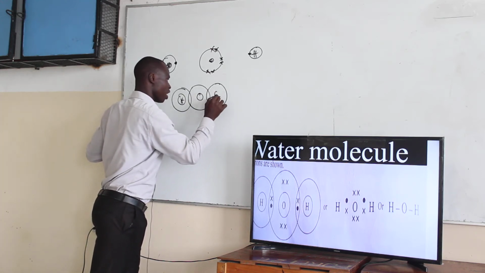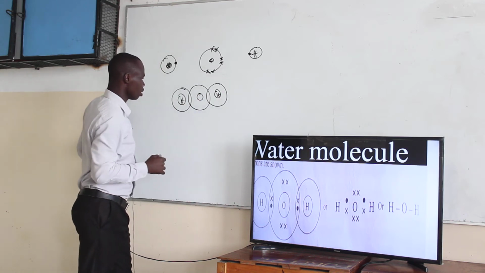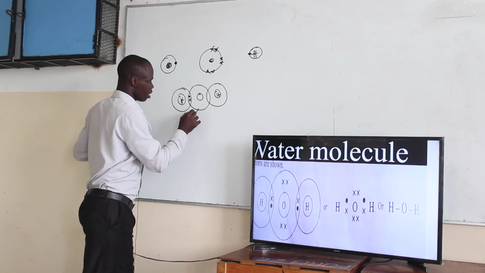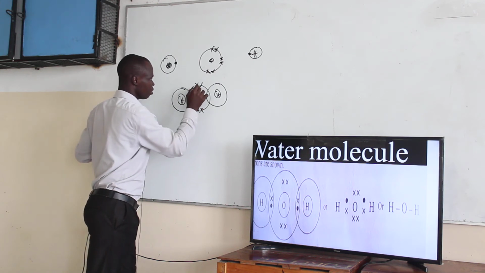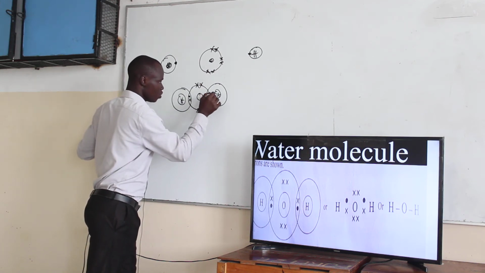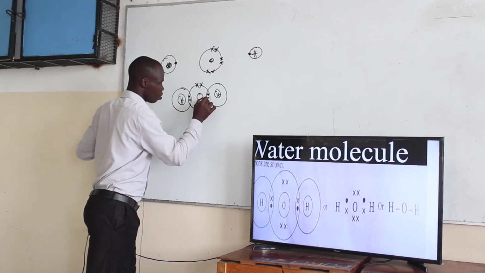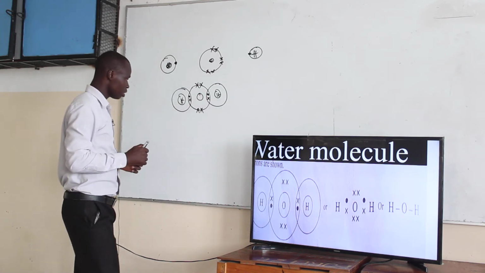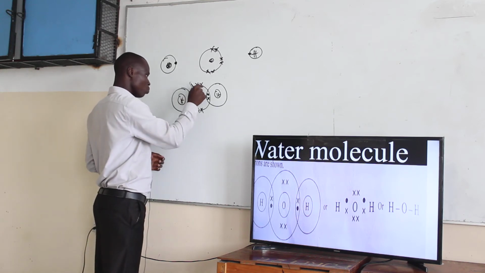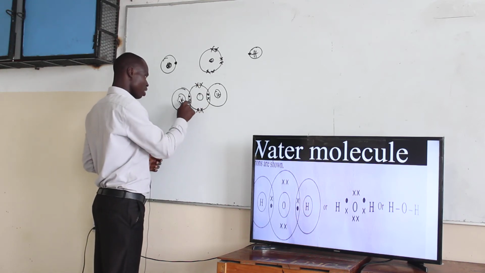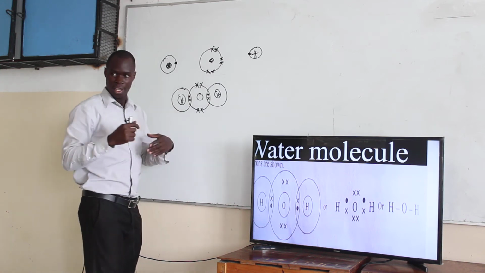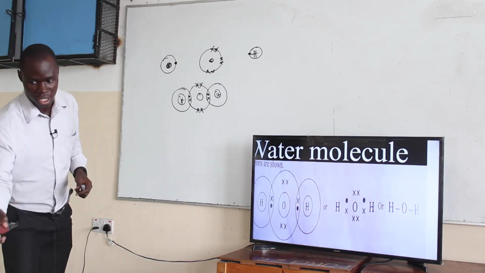Then another hydrogen here, then this oxygen. Hydrogen contributes 1 here, oxygen contributes 1, such that if you look around oxygen, 1, 2, 3, 4, 5, 6, 7, 8. Hydrogen has got 1, 2. This is what represents the sharing.